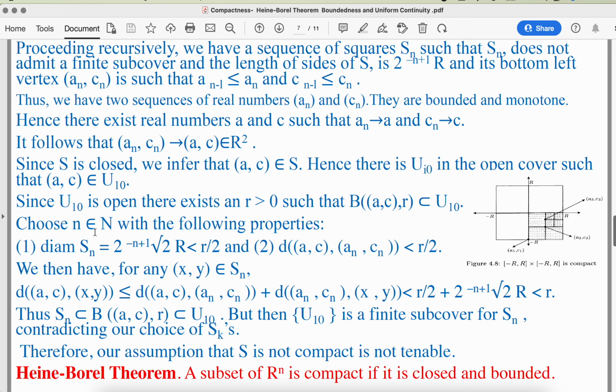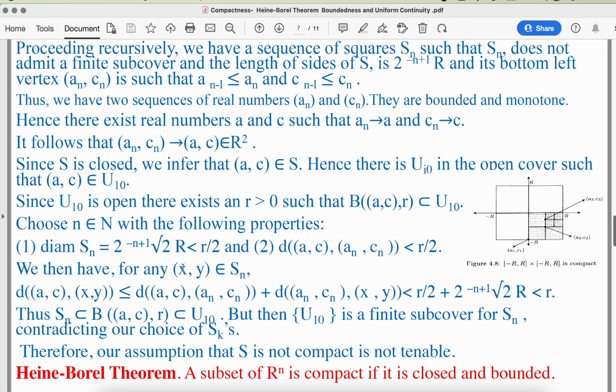Choose n belonging to N with the following properties: the diameter of Sn is equal to 2 raised to minus n plus 1 under root 2 into R, and this is less than R by 2. Also, the distance of (A, C) from (An, Cn) is less than R by 2.